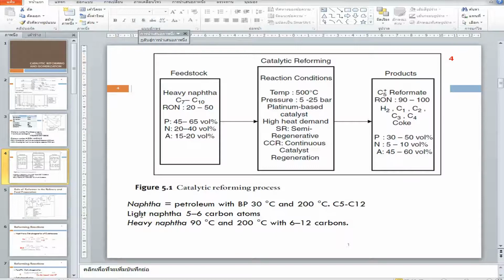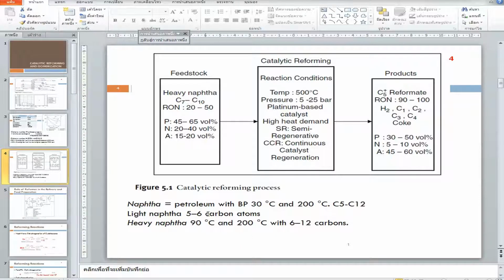The naphtha can be classified into light and heavy. The light naphtha includes carbon atoms of C5 to C6, and the heavy naphtha is a mixture of C6 to C12 carbon atoms. With the higher molecular weight of these hydrocarbons, the boiling range should be higher as well.